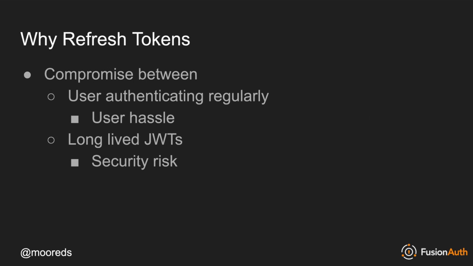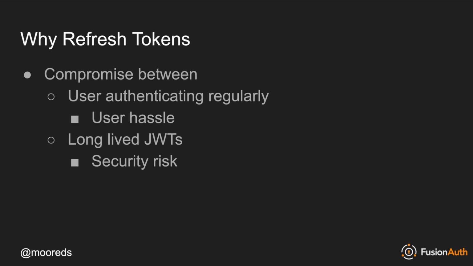If you were building a system with JWTs and you didn't have refresh tokens, you could either make the lifespan of the JWT very short and then force the user to log in and get a new JWT regularly, every 5 minutes or something like that, which obviously is not a great user experience. Or you can make the JWTs very long-lived and then have to worry about them getting stolen and used by bad actors, because basically you can't revoke JWTs.